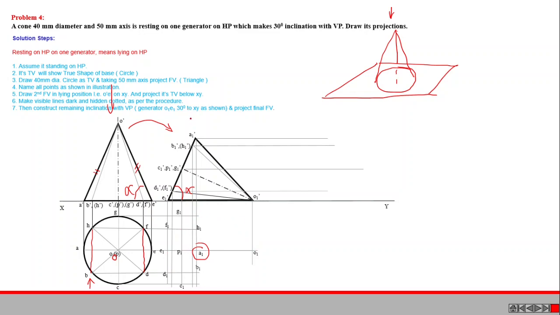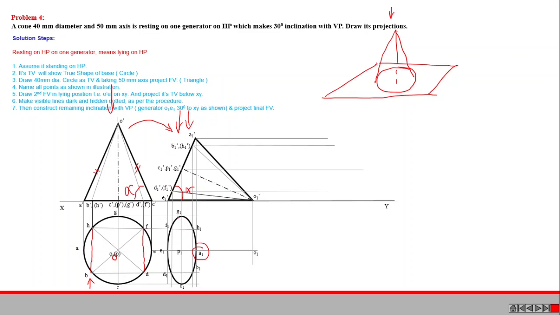Then we can draw the entire base in such a way that in top view all the base points must be visible in this particular case. Then we can draw the boundary of this particular elliptical shape in thick line, because all base points are visible in top view.